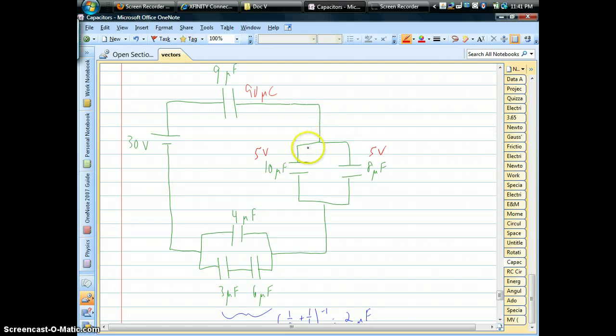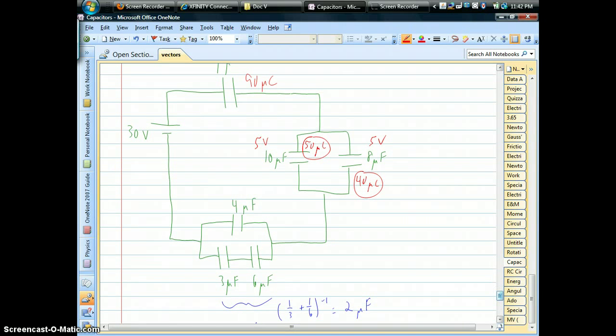And we can go ahead and find the charges on each of those branches. 5 times 10 means we have 50 microcoulombs on that one. 5 times 8 means we have 40 microcoulombs on that branch. Those add up to 90. That's similar to what currents do in parallel. They split, and those charges have to add up to the total, so that checks out.